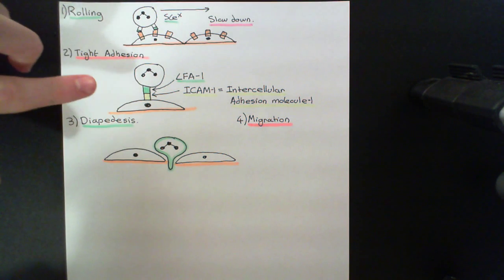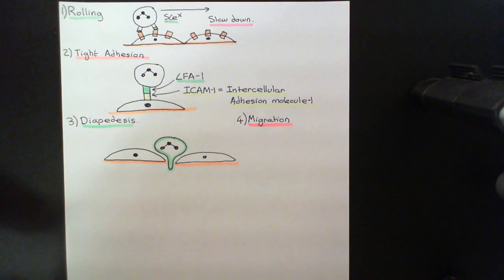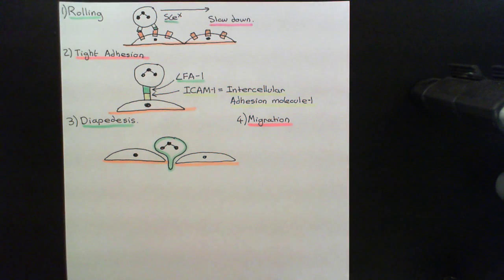Once these tight adhesions are formed, diapedesis will then occur, which is the process by which the neutrophil squeezes its way through the gap between neighbouring endothelial cells and gets into the tissue fluid, and then it just needs to migrate to the site where the infection is actually present, which it does by migrating towards the source of the pro-inflammatory mediators.